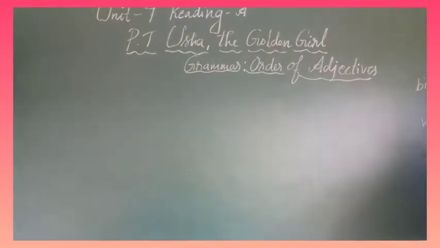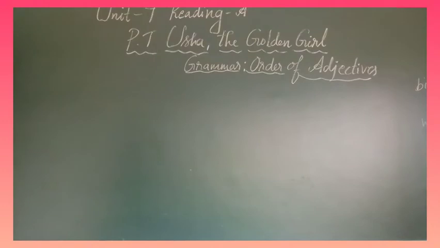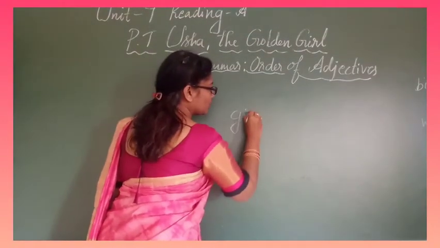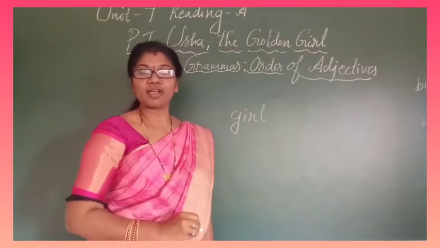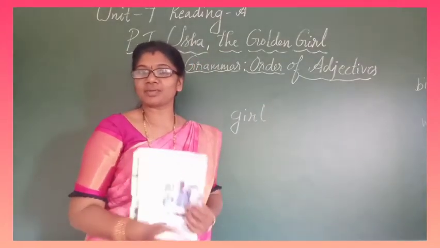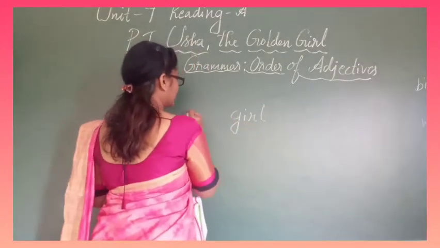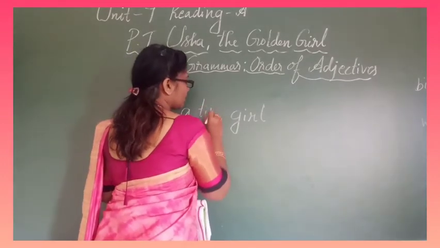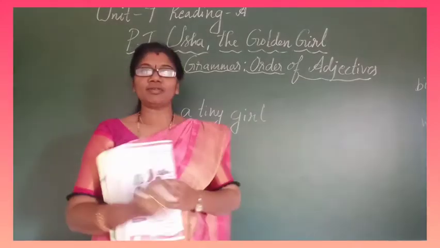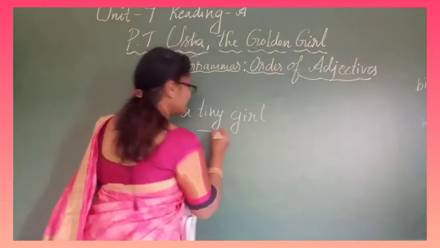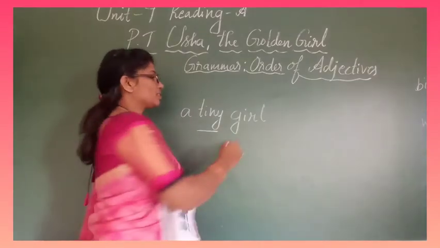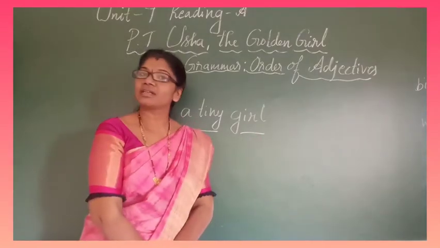Let's take a noun, girl. It's a common noun that you know. If I write before it, a tiny girl, a little girl, you understood easily that tiny is an adjective because it's telling something more about this noun called girl.